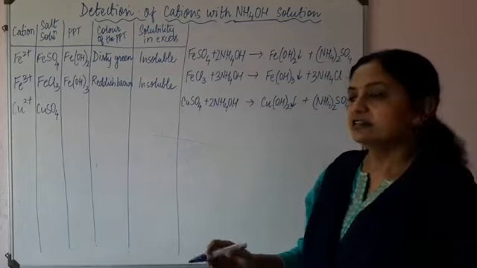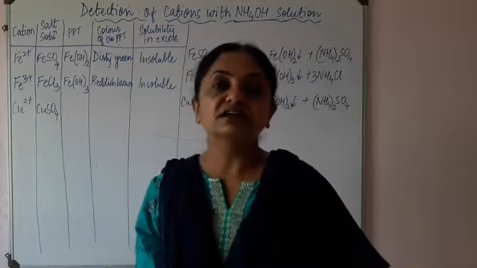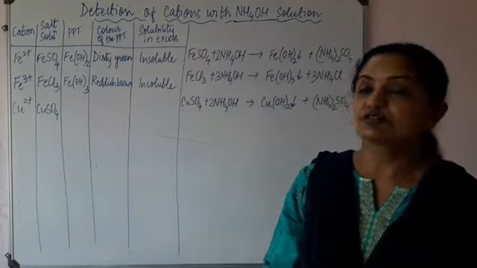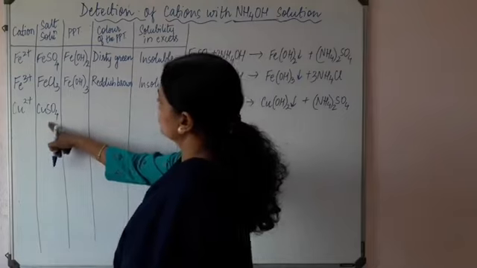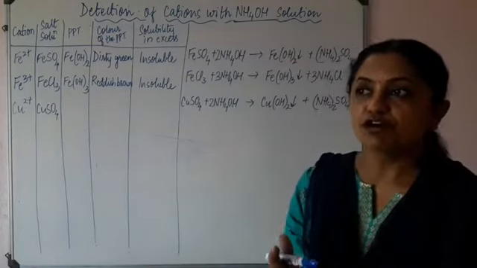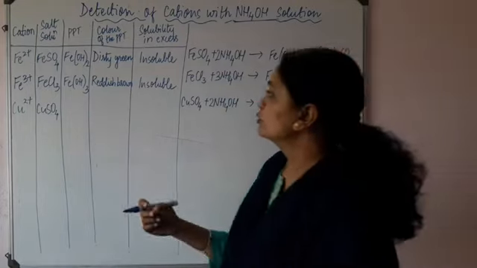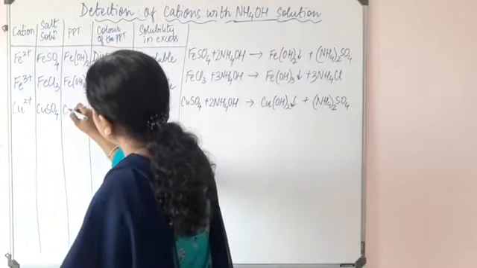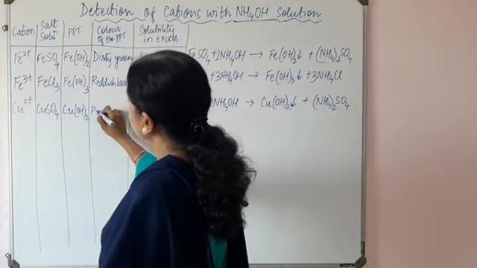Now see, in this case when you are performing the experiment or doing the practical, you have to be very careful, and add only a very small amount of NH4OH to this salt solution. For you it is unknown, and when you add drop by drop slowly, in a little amount, you will get a pale blue precipitate.